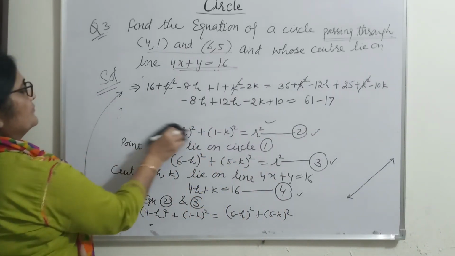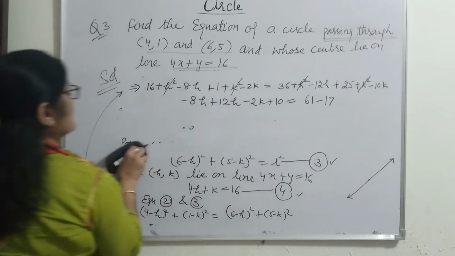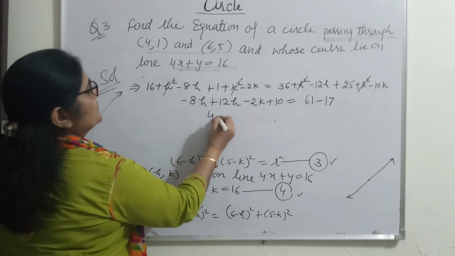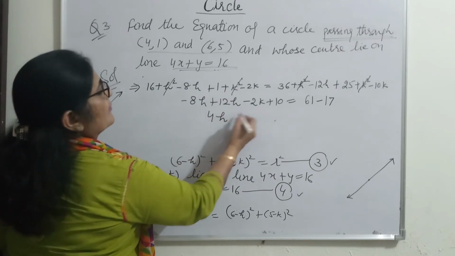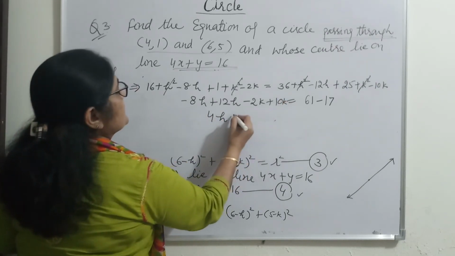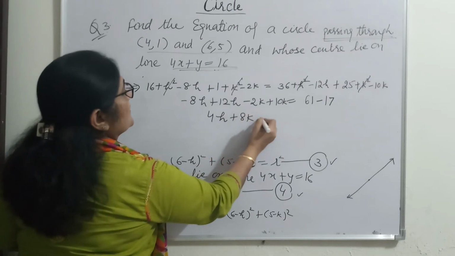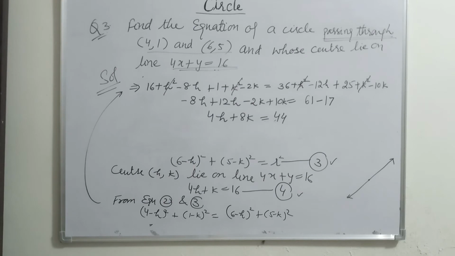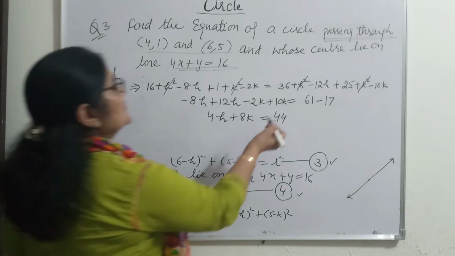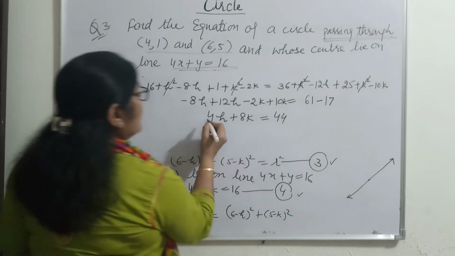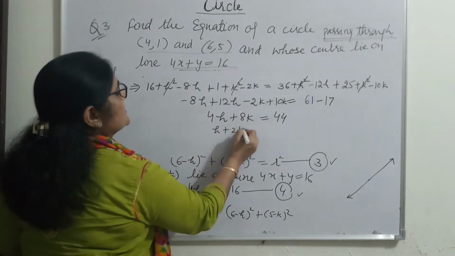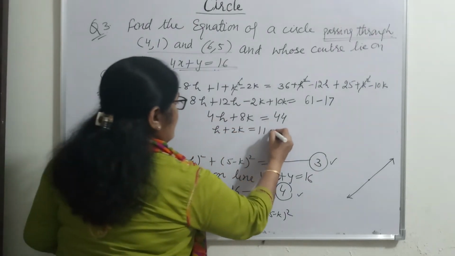So 4h + 8k = 44. You can take 4 as common, so h + 2k = 11.